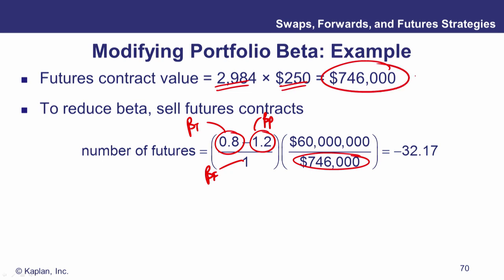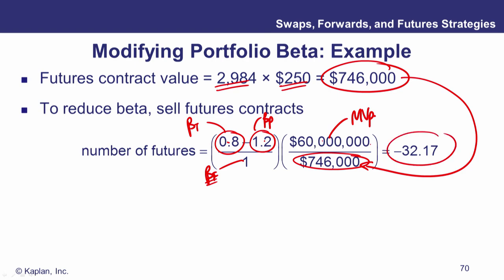That is the $746,000 that is going to represent the dollar exposure, or the exposure of one futures contract. And then you have to multiply through by the beta of 1 as well, technically. 60 million is the market value of the portfolio. So take your time here, folks. You've got minus 0.4 multiplied by 60 mil divided by 746,000. That comes out as a negative 32.17.